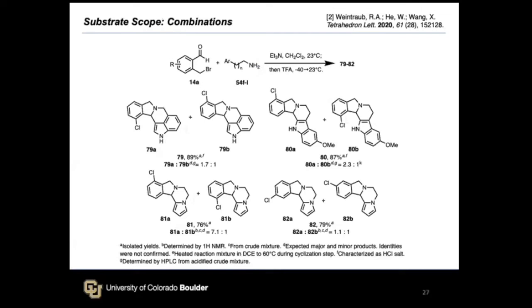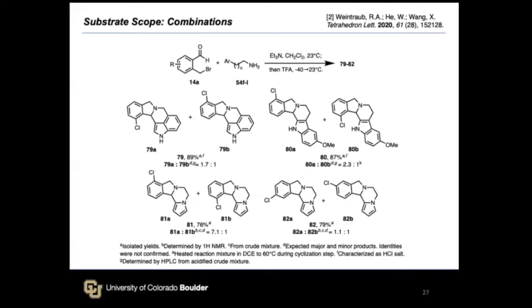Finally, we investigated combinations of substituted aldehydes with amines other than tryptamine. We found that reactions of the 3-chloroaldehyde, which is the one with the chlorine ortho, with other amines tended to give higher yields but lower selectivities, and that's likely due to the increased reactivity of the aldehyde.